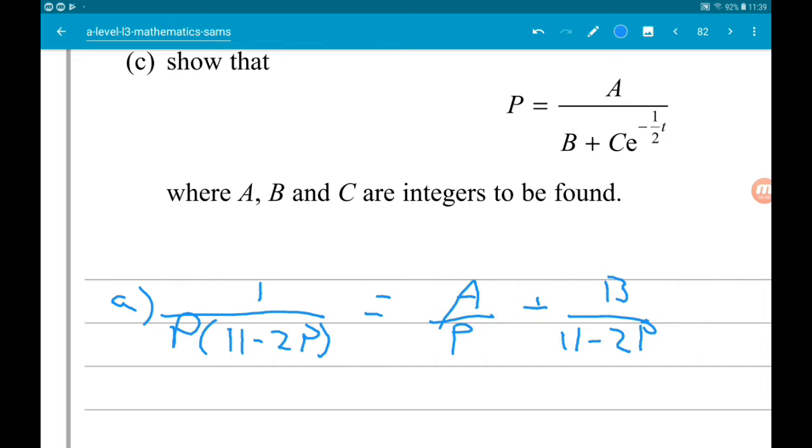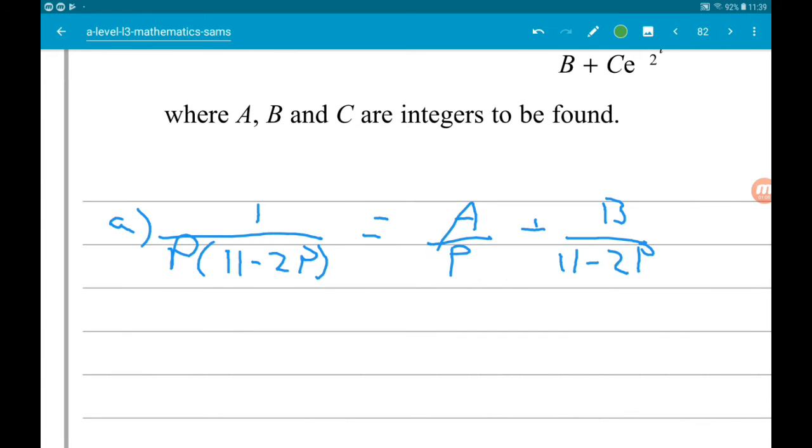Now, using the old cross multiplication method with fractions, we know the top would become, so we would multiply a by 11 minus 2p, so that would give us 11a minus 2ap, and then we're going to add b times p.